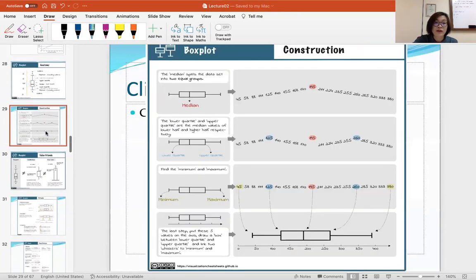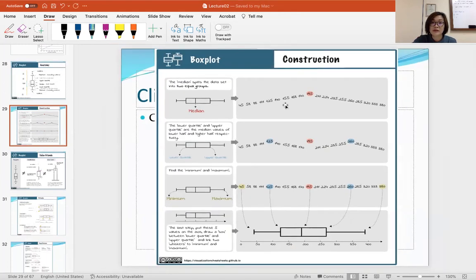So first, what you can do is try to find the median. So in this example, I try to find the median. Median is different compared to mean. You have to be aware of that part. The median splits the data set into two equal groups. So you find the median first, and then you split them into another half.